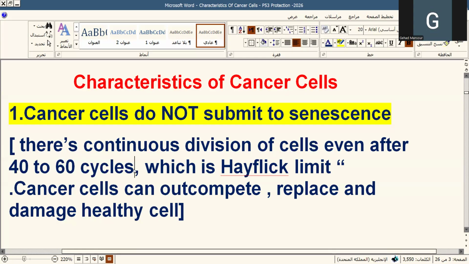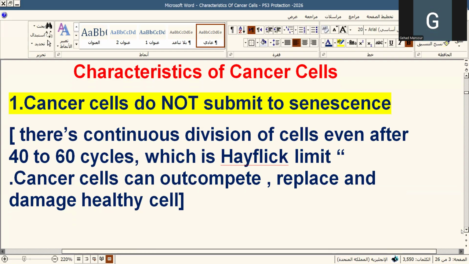So if you don't remember the details, you can refer to the video on the telomeres and on mutations. Every cell is allowed only a maximum of 40 to 60 cycles of mitosis, after which it has to be discarded, arrested, to enter permanently in G0. And this is what we call the Hayflick limit.